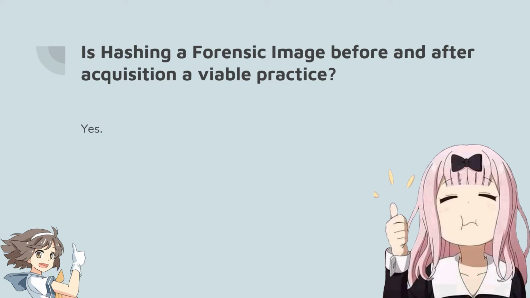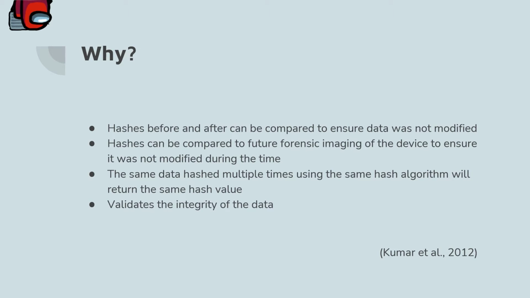With forensic imaging, the goal is to create a bit-for-bit duplication of a storage medium, but there may be cases where this process can be interrupted by malicious or unintentional means and cause harm to the data integrity. Hashing the data before and after a forensic image solves this by creating subsequent hash values for the image that can be compared to each other, the before hash and the after hash, to validate the integrity of the data.